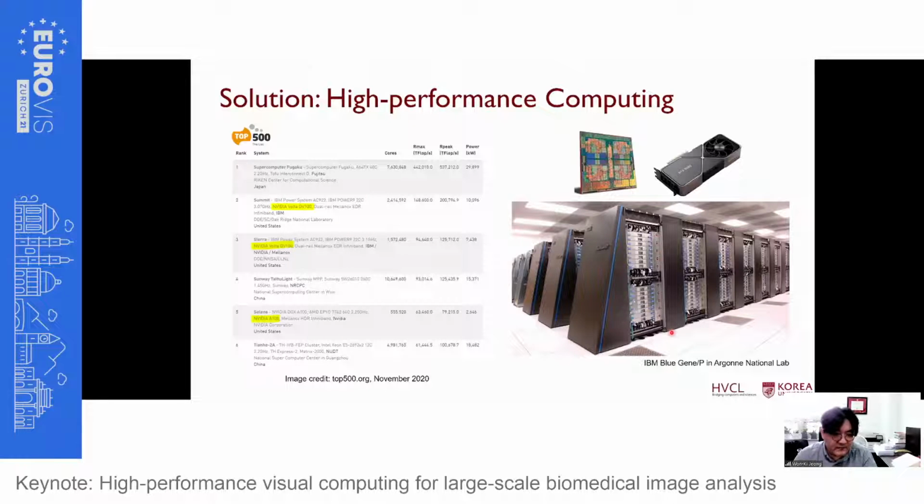It's not just single CPU-based clusters, but also includes accelerators like GPUs, TPUs for machine learning, or even more programmable processors. So leveraging those parallel architectures and high performance systems is one direction that we are pursuing.